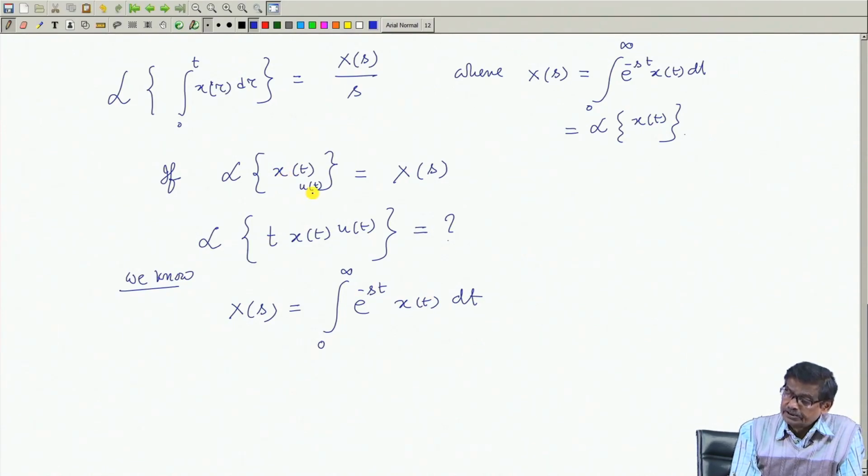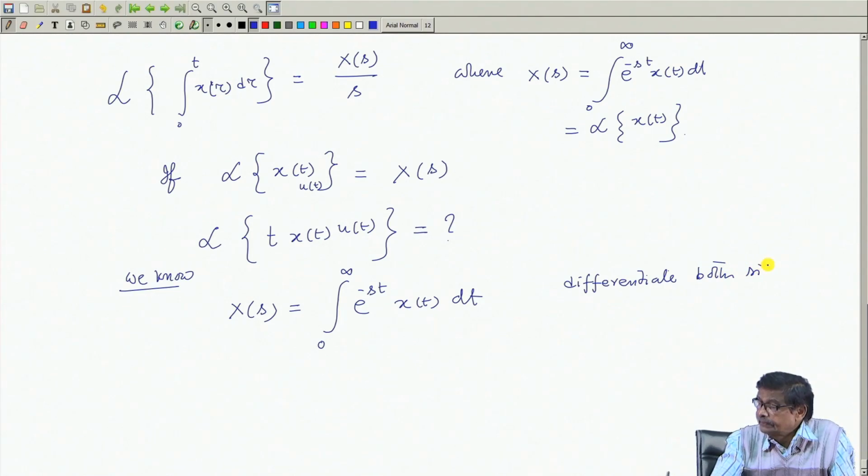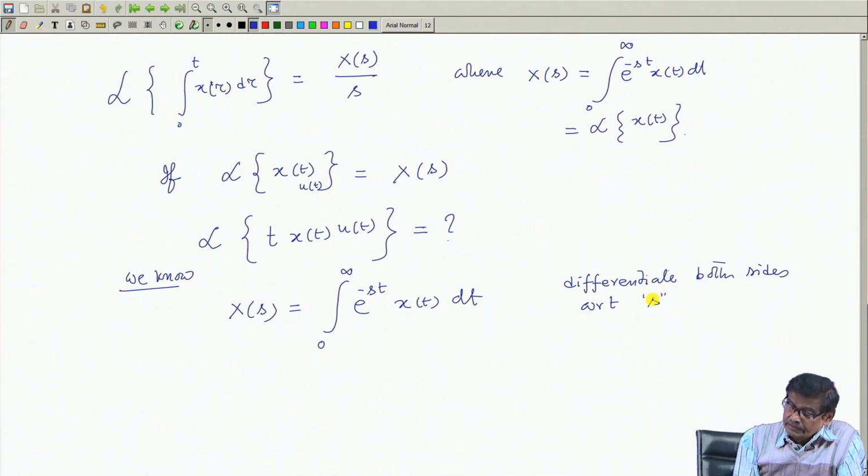Laplace transform of x(t) u(t) is this, we know that. Now, you differentiate both sides with respect to s. So, you will get dX/ds here.